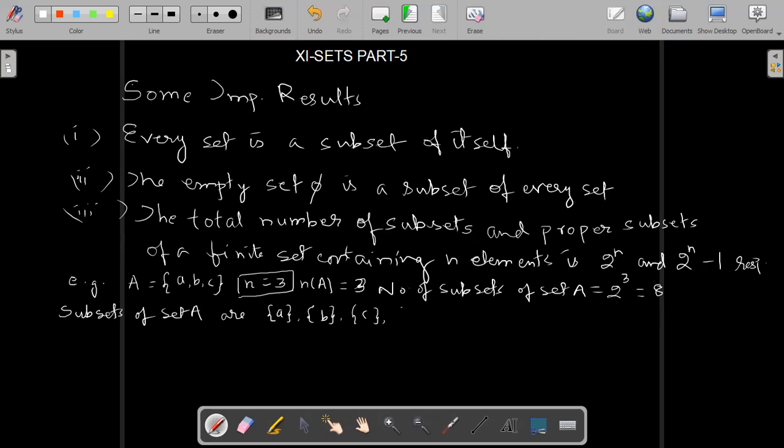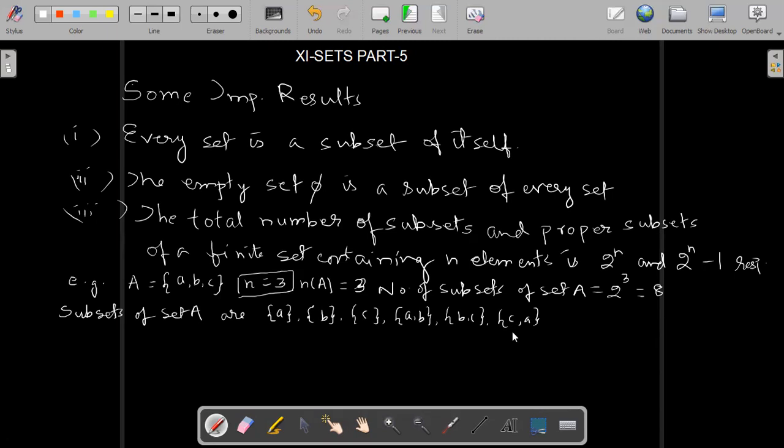Now you have to take the combination of two elements: {a, b}, {b, c} and {c, a}. So how many is this? 1, 2, 3, 4, 5, 6, 6 subsets.